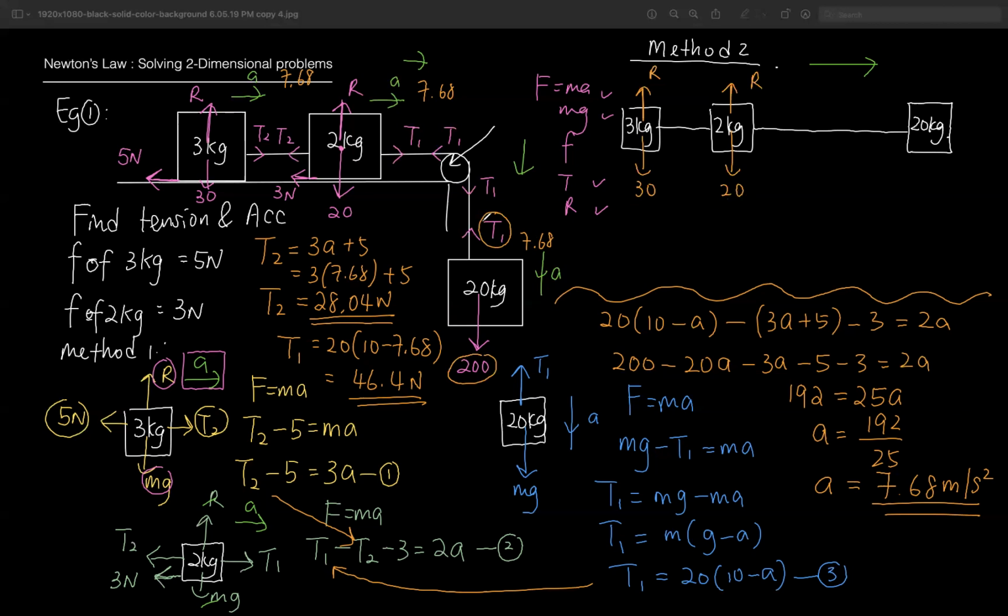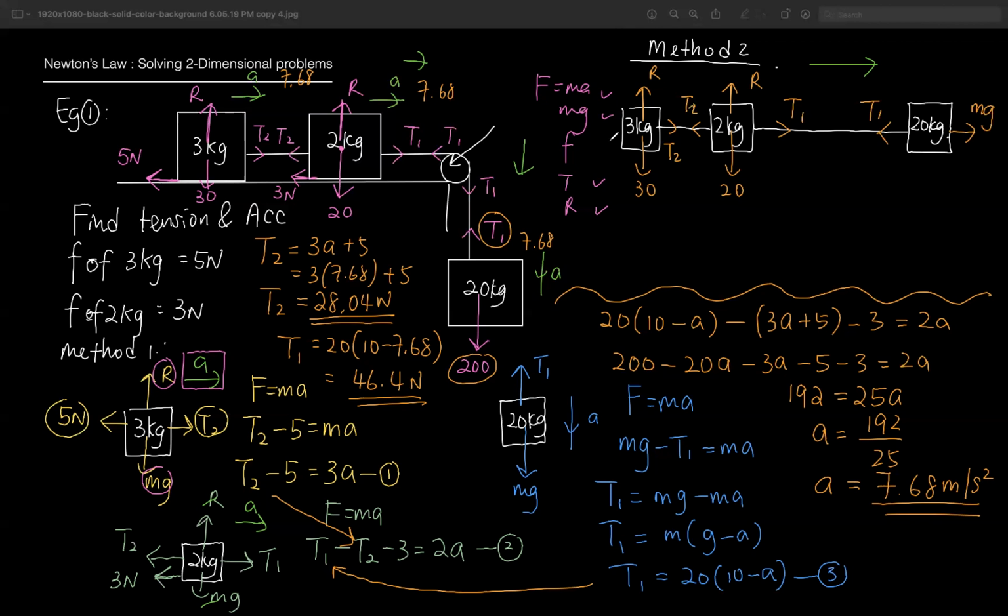Now T1 is pointing to the left. So we have T1 here. What about the mg? The mg initially is downward. If you put it up here, then the mg would now be to the right. Okay, complete the forces. T1 here coming out of this object, we have another coming out of this object, same string, so T1, same. Second string, this one, T2, coming out, T2.